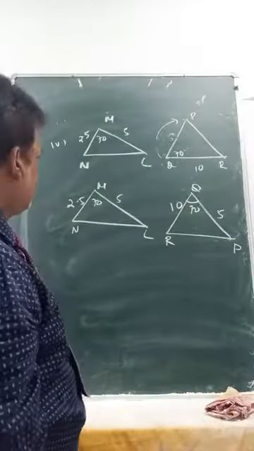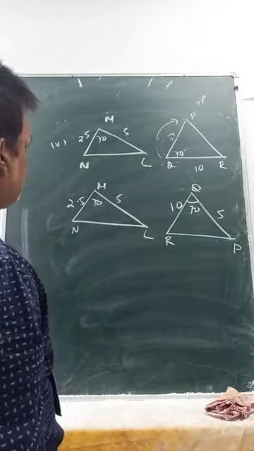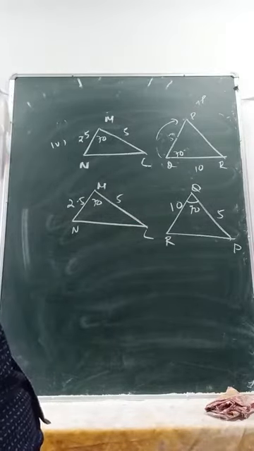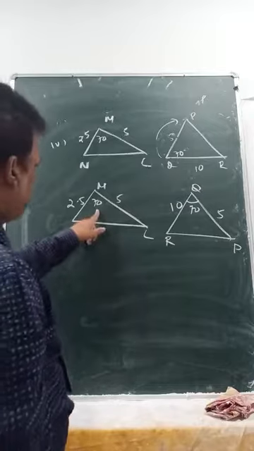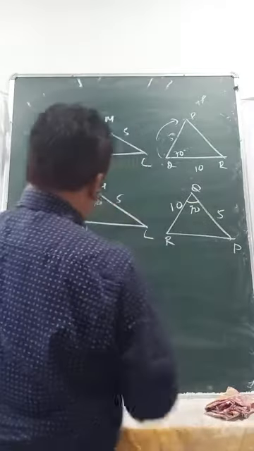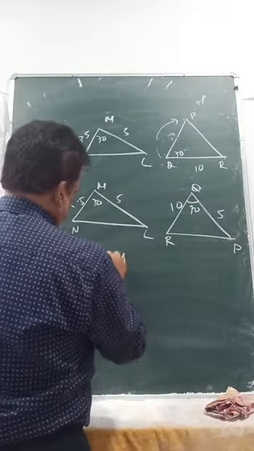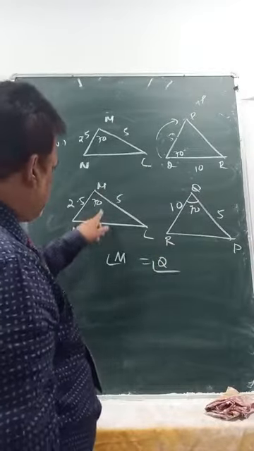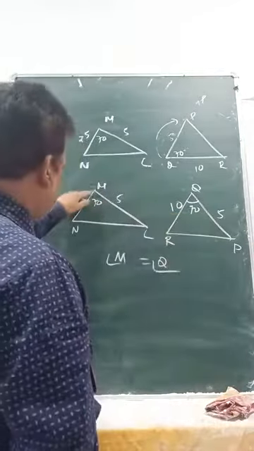Now you check whether they are equal or not. M angle equals Q angle. Okay. Included angle and corresponding side.